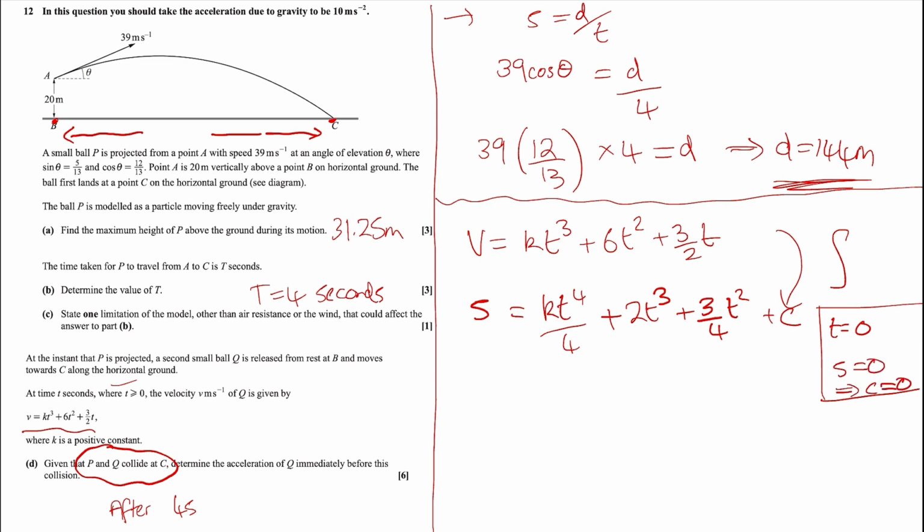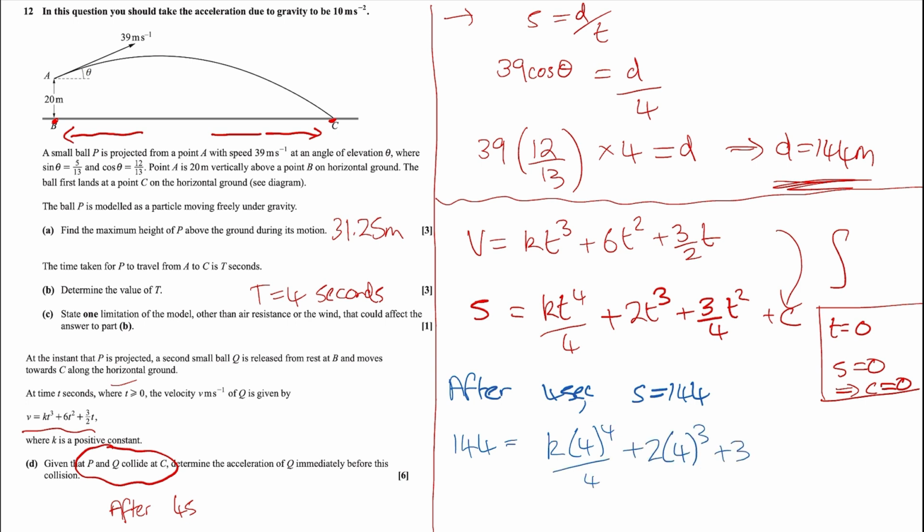Okay, what do we know now then? Well, we know after 4 seconds, the displacement s is 144. So 144 equals k lots of 4 to the 4 over 4 plus 2 lots of 4 cubed plus 3 over 4 lots of 4 squared, and then plus c.